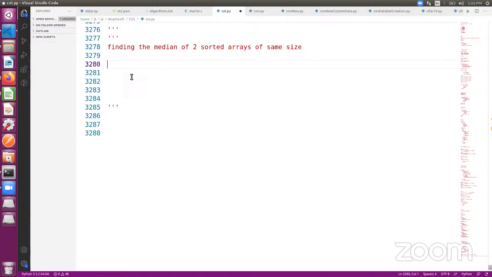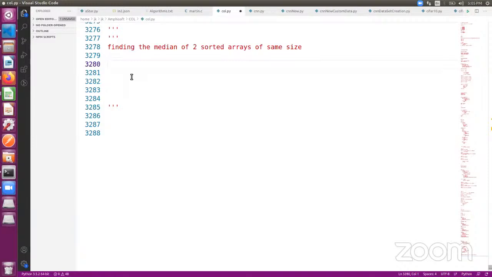If you have an even number of elements, you don't have an exact midpoint. You have two elements in the mid position, so you have to find the average of those two elements, and that would be the median of the entire array.